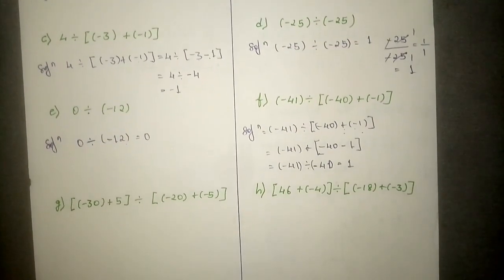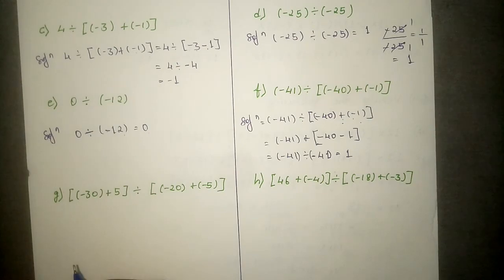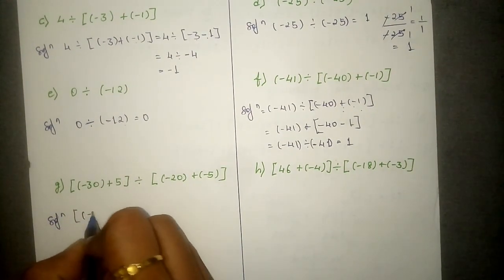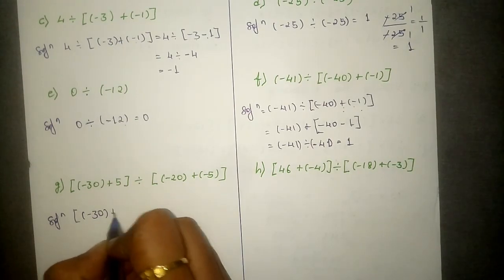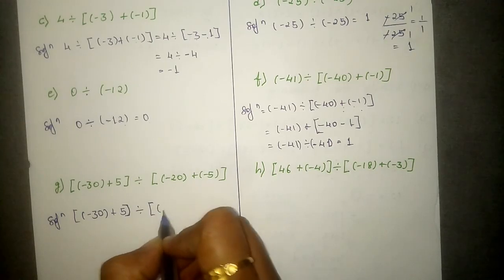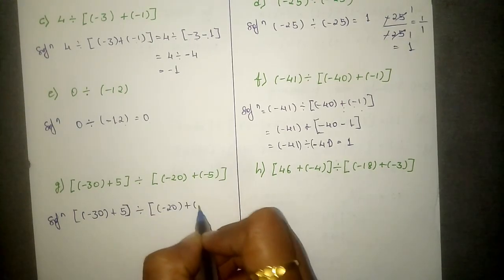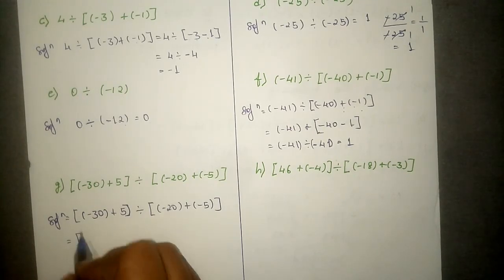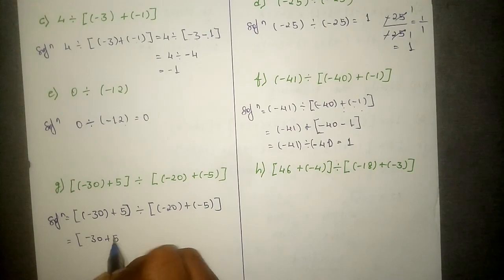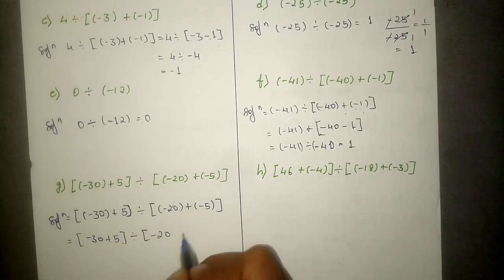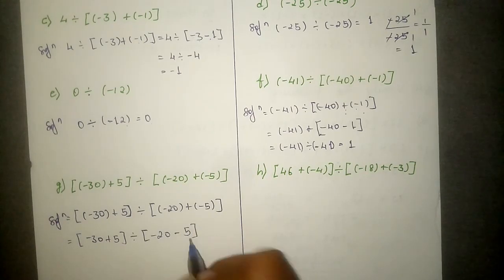Then the next it is given G, minus 30 plus 5 divided by minus 20 plus minus 5. So first we will simplify the bracket. Minus 30 we will remove the bracket and plus 5 divided by minus 20. Here plus minus will be minus 5.